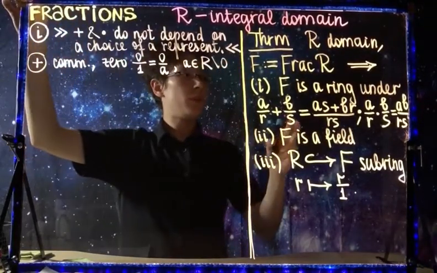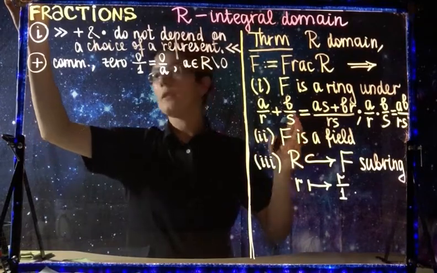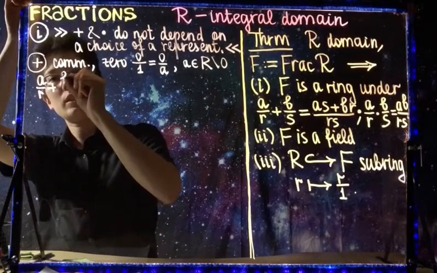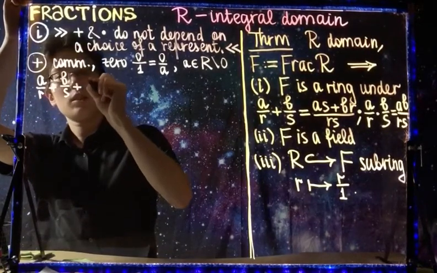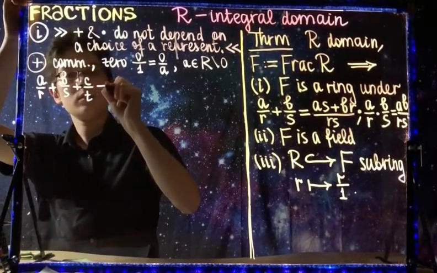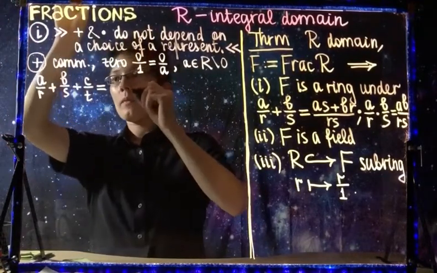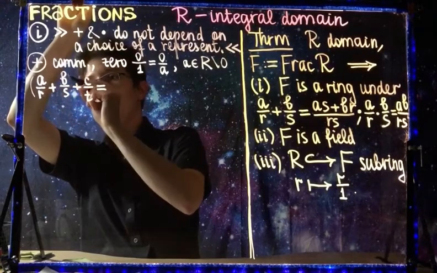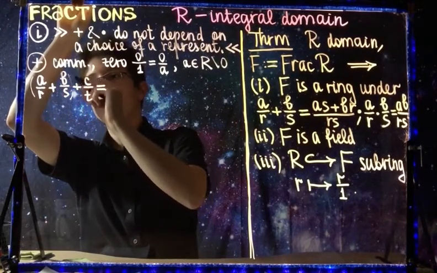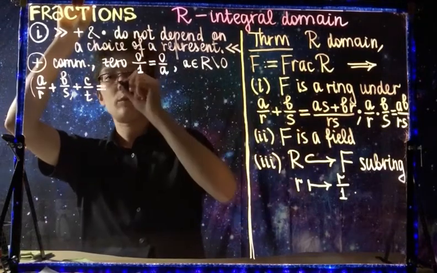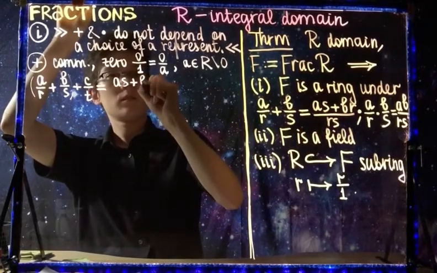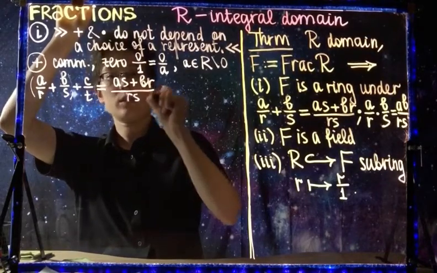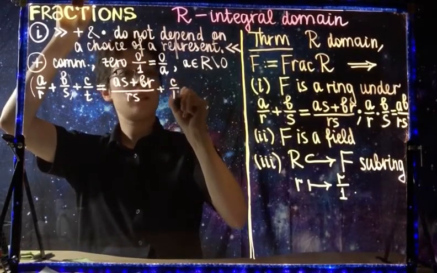And now let me quickly show associativity. So a divided by r plus b divided by s plus c divided by t. This is equal to, if I do this part first, I get the following expression: as plus br divided by rs, plus c over t.